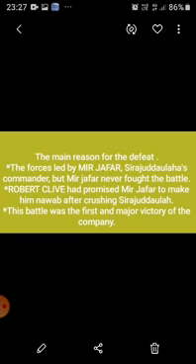So Mir Jafar did not join Sirajuddaulah in the battle, and in the Battle of Plassey, Sirajuddaulah was crushed and the company had a victory.